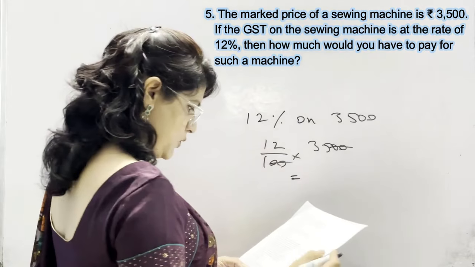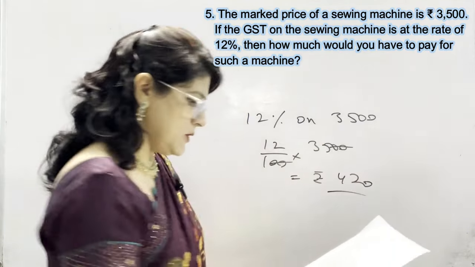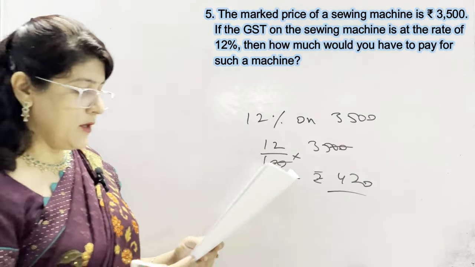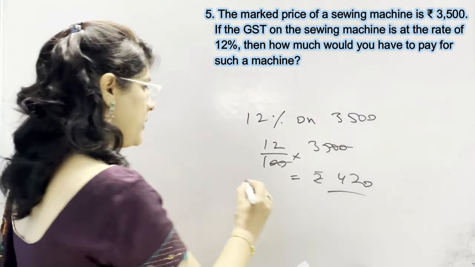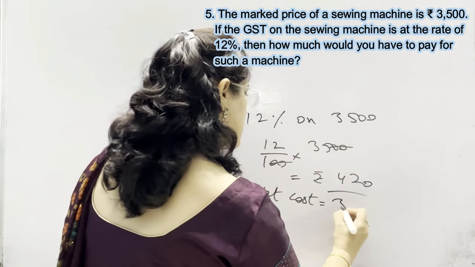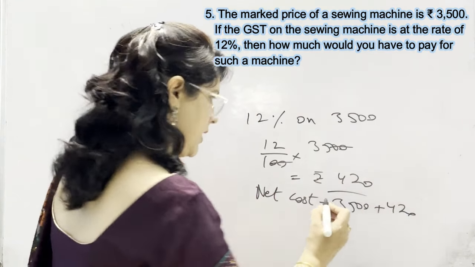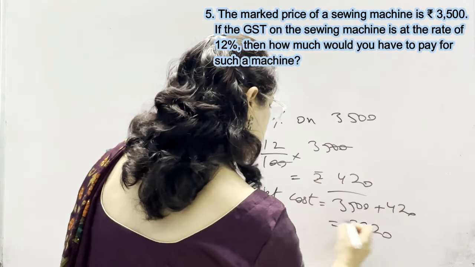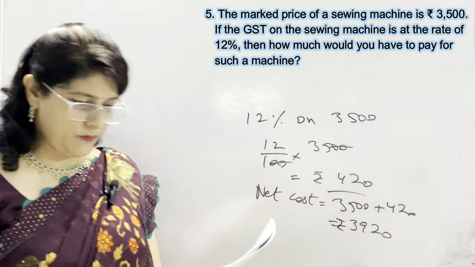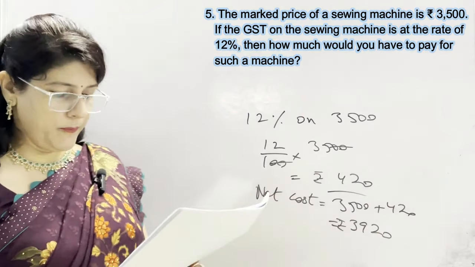So 35 into 12 and answer comes out to be 420. So I have to pay 420 for GST. So net cost, in this question they have asked about net cost. It means 3500 which is the marked price and 420 which is the GST and their sum comes out to be 3920 rupees. So net cost is 3920.